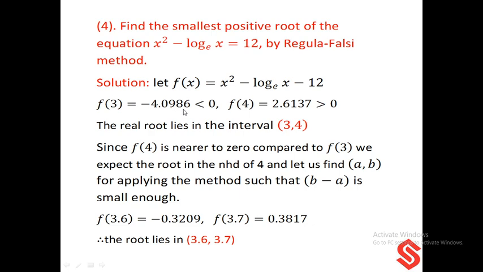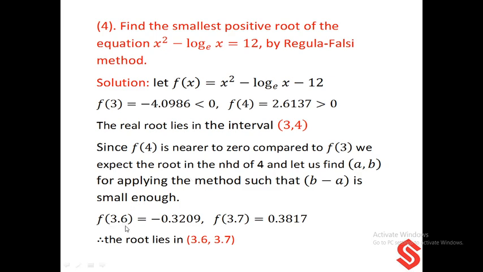So therefore we expect the root in the neighborhood of 4. And now we try to substitute the values nearer to 4. Since it is 3, 4, from 4 if you come back like 3.9, 3.8, 3.7, etc.